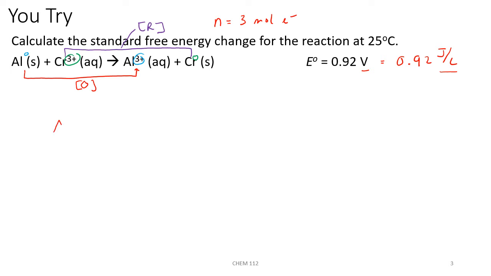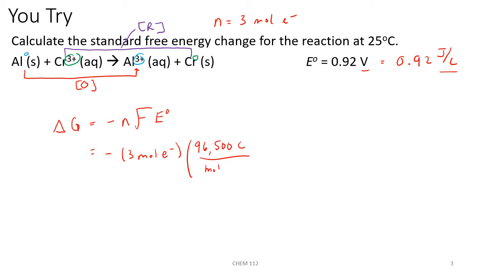And so our equation that relates Gibbs free energy and standard cell potential is delta G equals negative N F E. And we're going to plug in negative 3 and then moles of electrons that were transferred in this case, times our Faraday constant, 96,500 coulombs per mole of electrons transferred, times our E cell, which is 0.92 joules per coulomb.